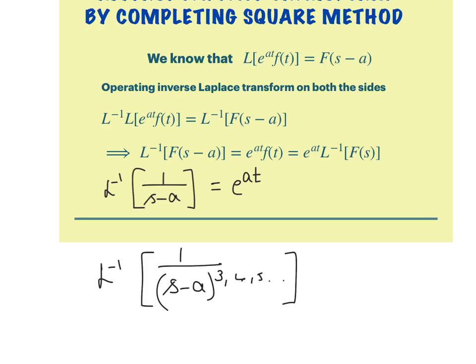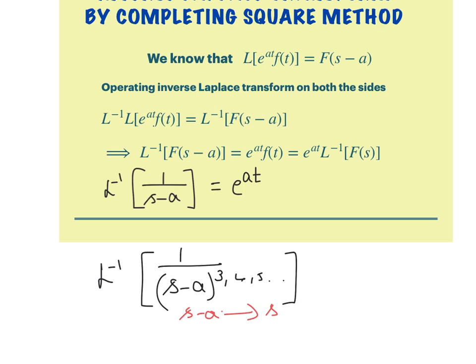We don't have any formula for s minus a to a power. We have a formula only for s minus a in the denominator. So here the shifting property can be applied. How? If you replace s minus a with s, it is easy to obtain the result.